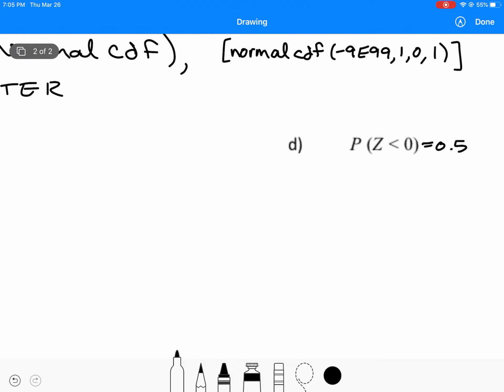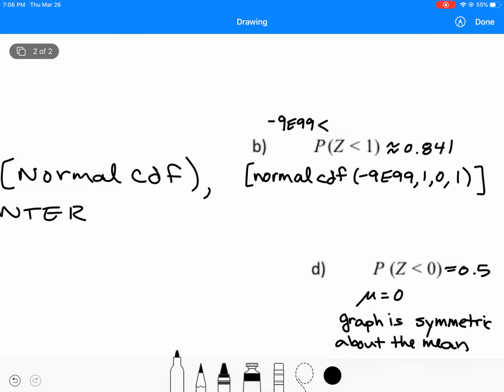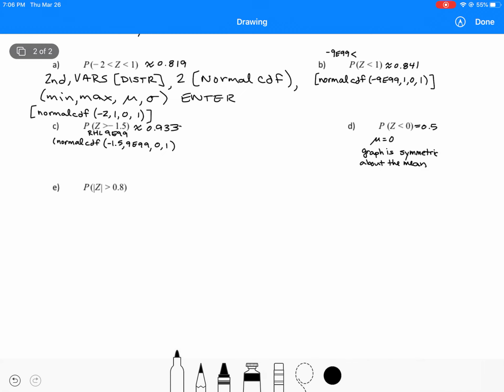The reason for that is that the mean of our distribution is 0, and our graph is symmetric about the mean. So kind of a neat connection there. We don't even have to use our calculator for that one.